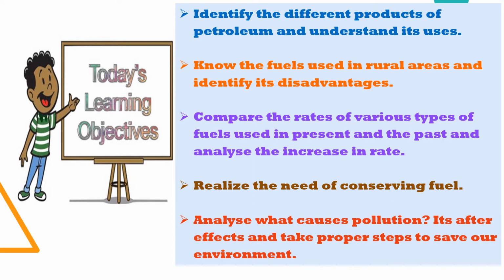Compare the rates of various types of fuels used in present and the past and analyze the increase in rate. Realize the need of conserving fuel. Analyze what causes pollution, its after effects, and take proper steps to save our environment.